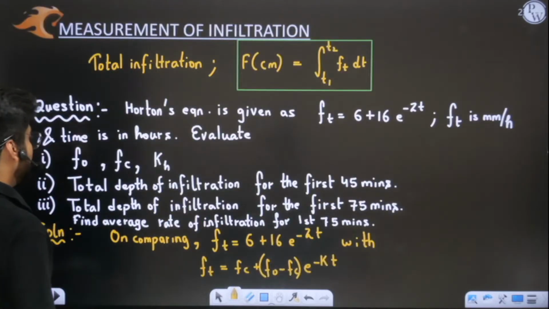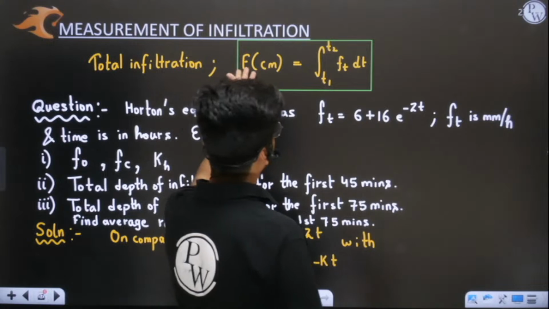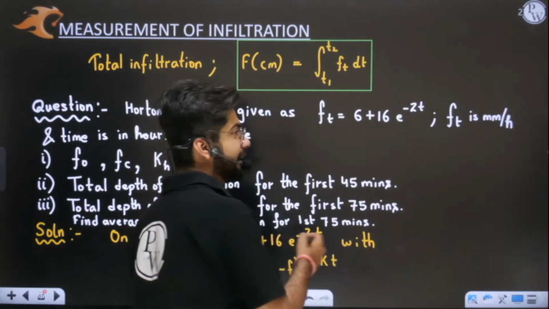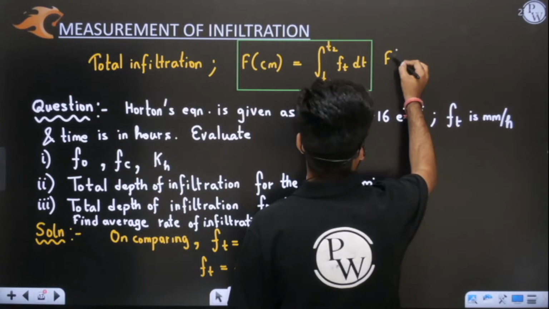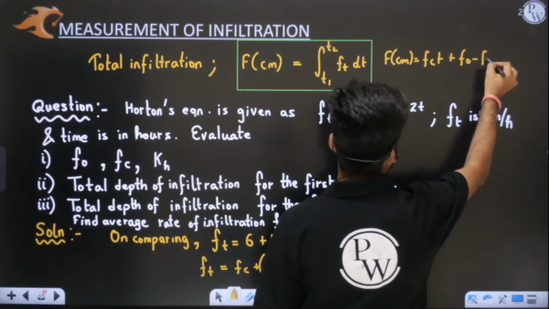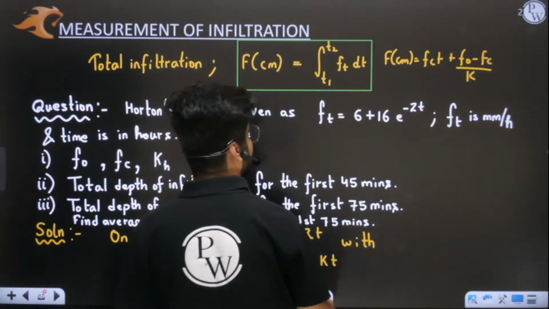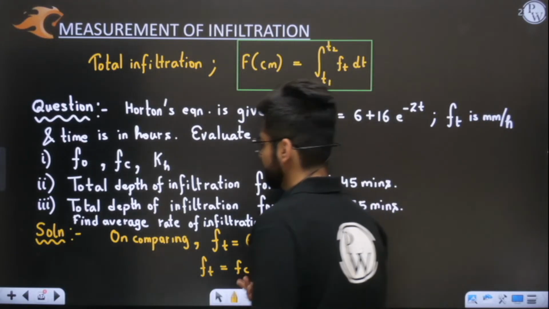So you can write that whenever your time value is going very large, you can have the formula of f as fc into t plus f naught minus fc upon k. Remember this whenever your value of time is very large. So I hope this is clear to you.